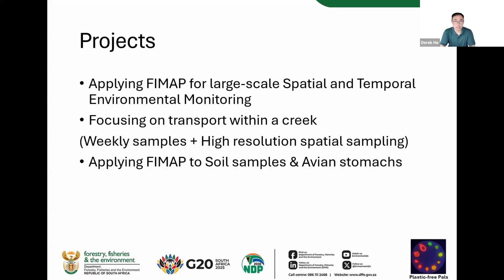So my current project involves applying FIMAP to large-scale spatial and temporal environmental monitoring with a specific focus on transport within a creek. Here we've taken weekly samples and high-resolution spatial sampling at some times. Additionally, I'm applying FIMAP to soil samples and avian stomachs to find microplastics.